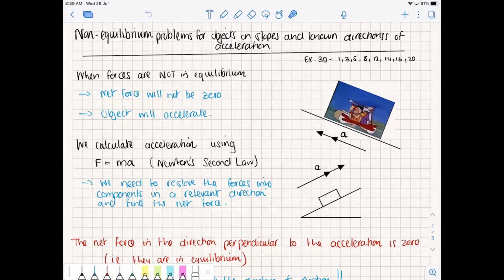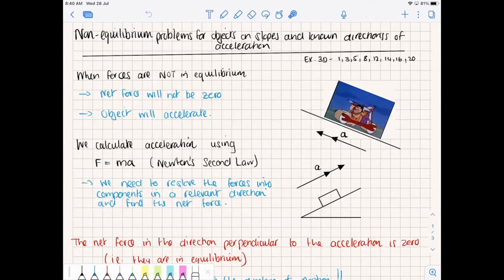We cannot calculate acceleration in two different directions because acceleration doesn't happen in two different directions. Acceleration only happens in one direction, and it always happens in the direction of the net force. Okay? Now, later on, we're going to have to calculate that direction, but for now, we are going to assume what it is, based on the problem, or it's going to be given to us.